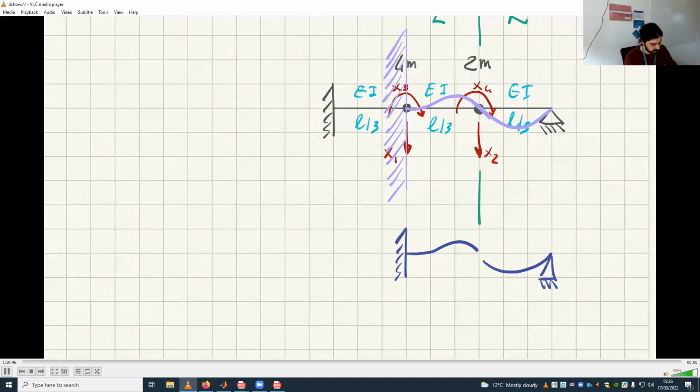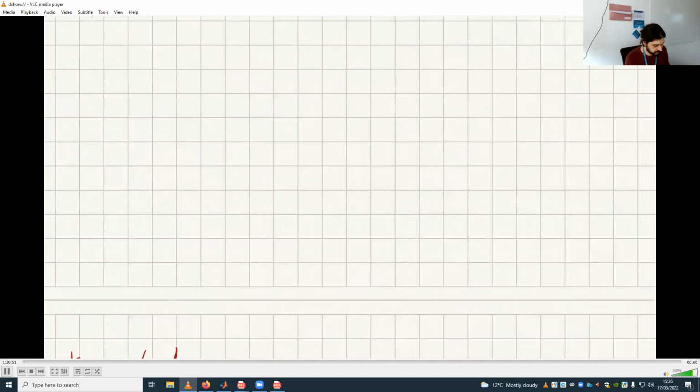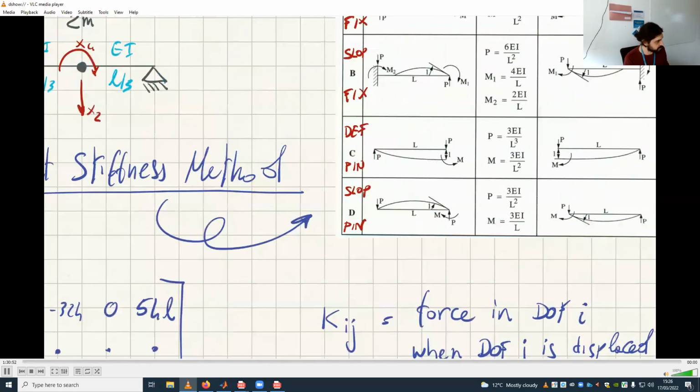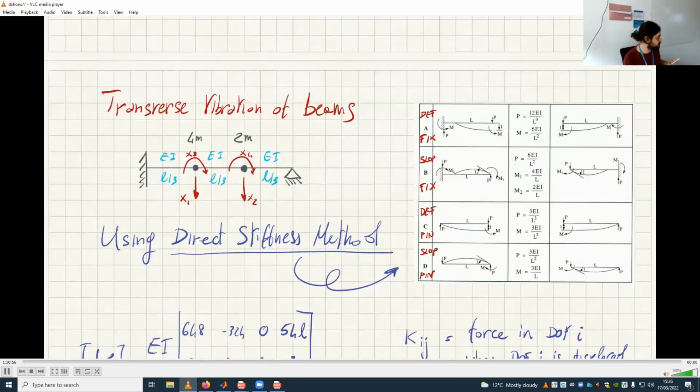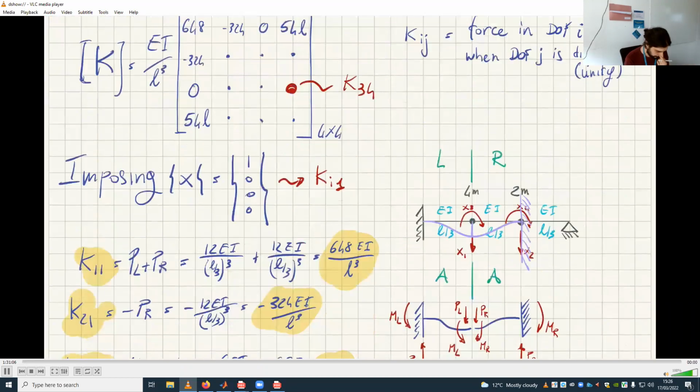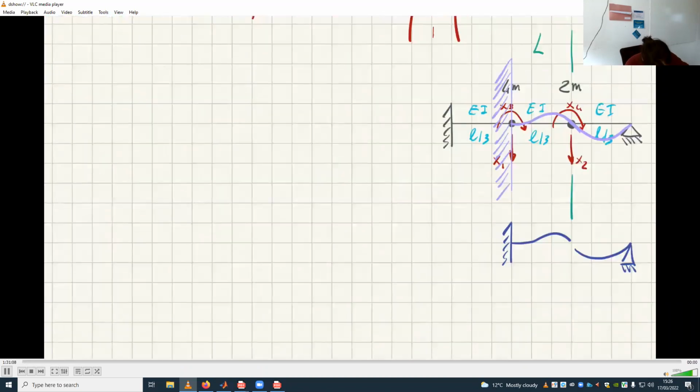And so of course, if we go up here, we are now talking about slope. So it's either B or D. And on the left, we have a fixed support. So it's B. On the right, we have a pin. So it's D. So it's B on the left and D on the right.